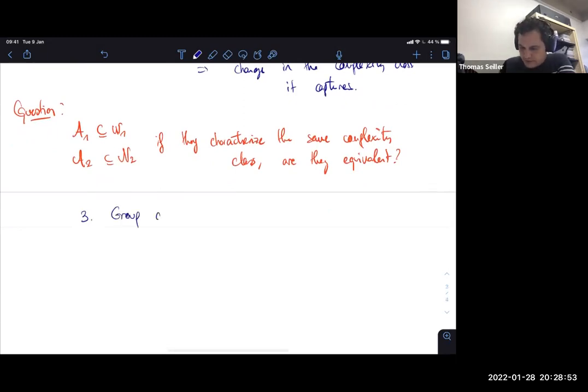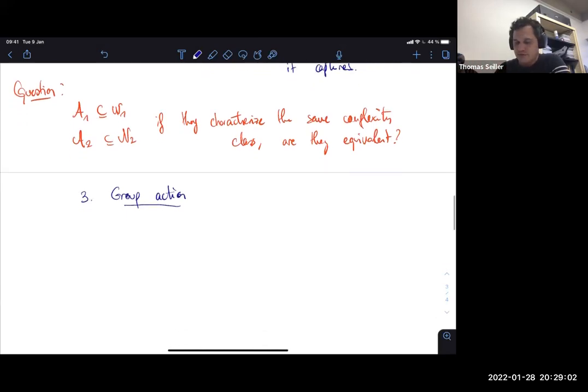So one way of trying to simplify this question is to go through a known construction of von Neumann algebras. So von Neumann algebras actually arise. There's something called the group measure space construction. And it's very old, so it's Murray and von Neumann.